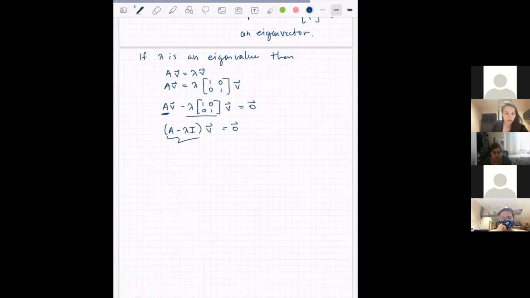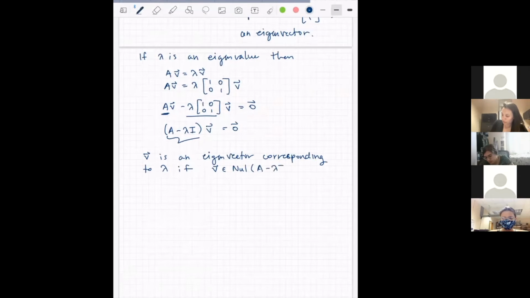So it's saying that V is an eigenvector corresponding to lambda if V is in the null space of A minus lambda I. Right?